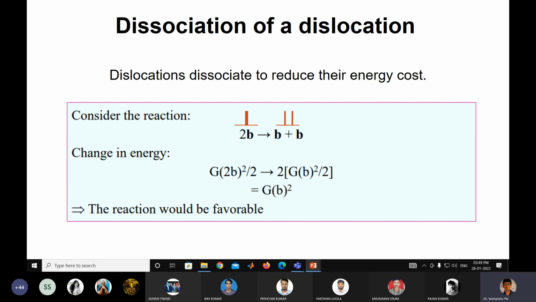Now, if you want to calculate the change in energy, then you can find the change in energy is Gb squared. This reaction will be favorable because you reduce the energy cost associated with the dislocation from the full dislocation to the partial or dissociated dislocation, whatever you like to call it. Then the dislocation reaction will be favorable.